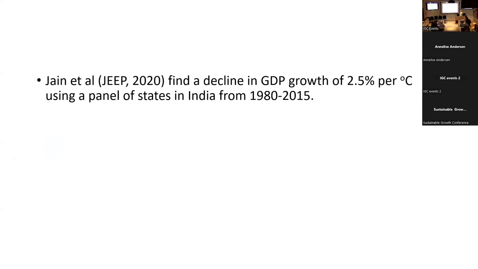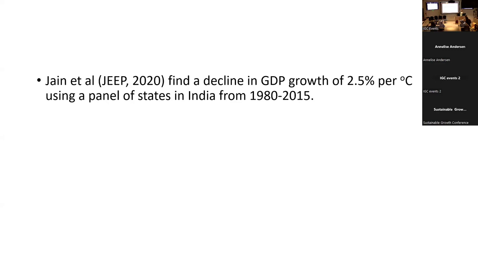Next. This kind of method has been used at more disaggregated spatial scales. There's a paper in the Journal of Environmental Economics and Policy looking at a panel of Indian states from 1980 to 2015.